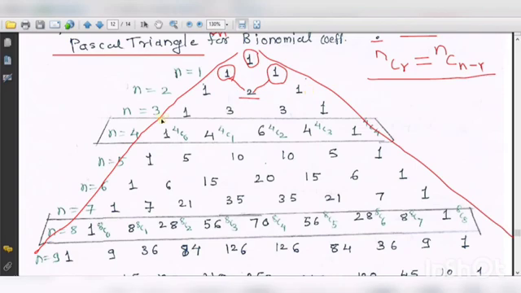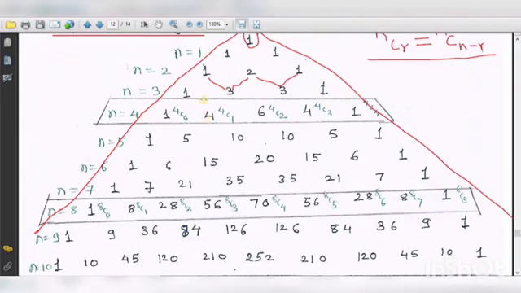Now let us see n equals 3. The first element is 1. Next is 3. How did we obtain it? Consider this 1 and this 2. 1 plus 2 is 3. Then again, 2 plus 1 is 3, and the last number is 1. Now for n equals 4, we start at 1.